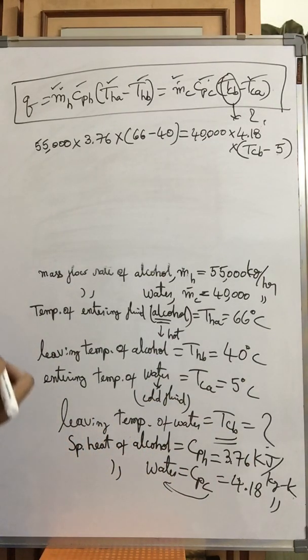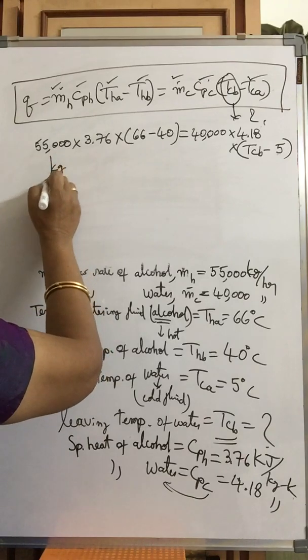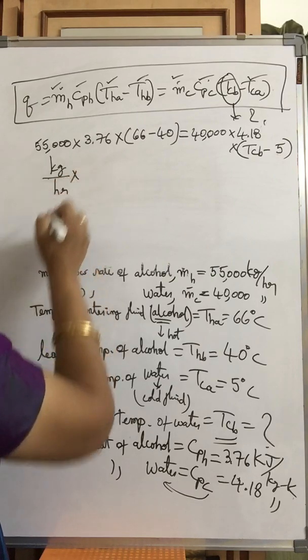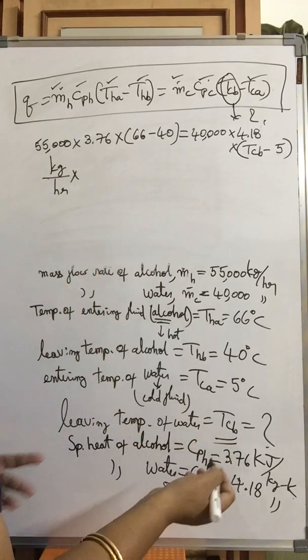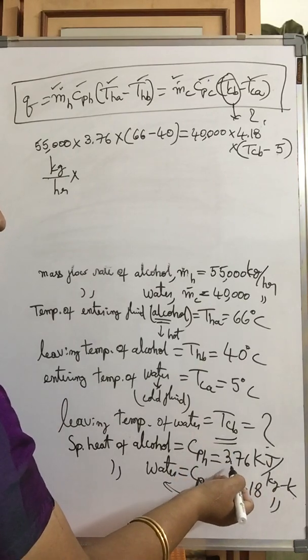Regarding the units, you write kg per hour. Are you substituting the correct values or not? Here units are okay, consistent. If not, you need to convert into the proper units.